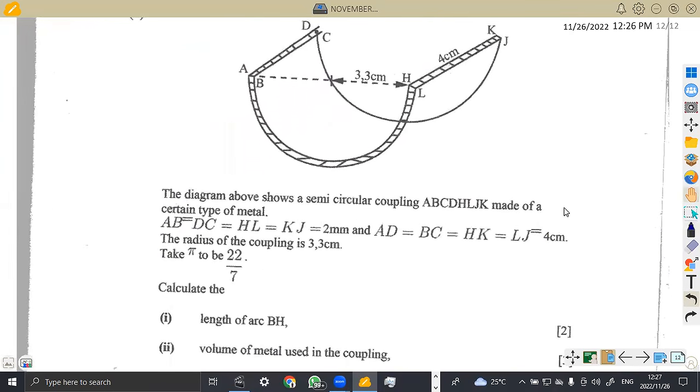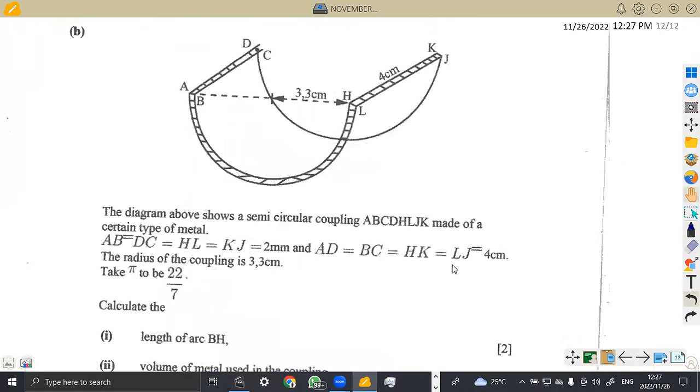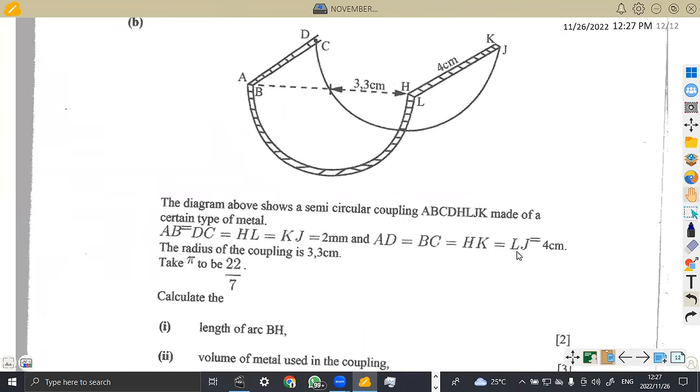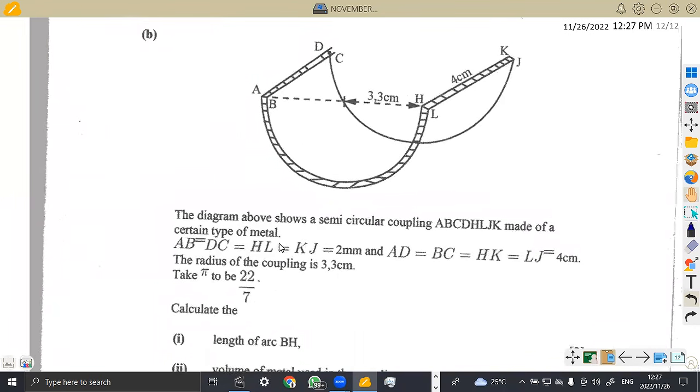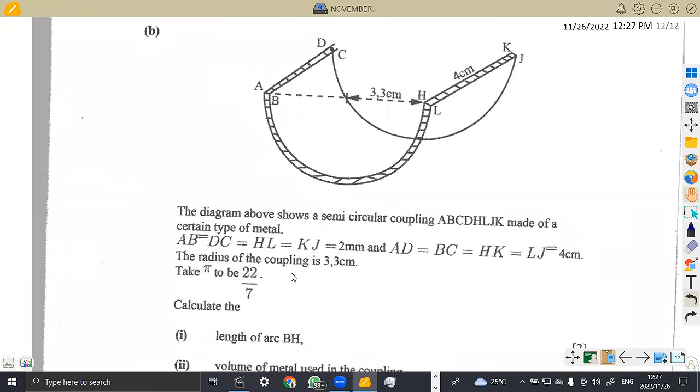We're given, again, a solid shape. This is a semicircular coupling A, B, C, D made of certain type of metal. And we're given the radius. Okay. Here we're given 2 millimeters, AB from A to B, D to C. Here we've got 2 millimeters here, 2 millimeters here, like that.